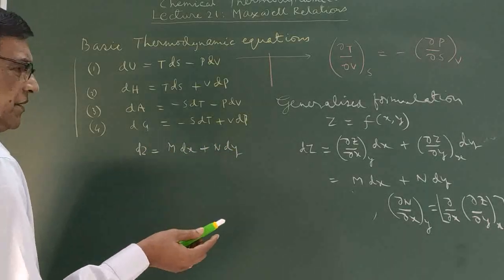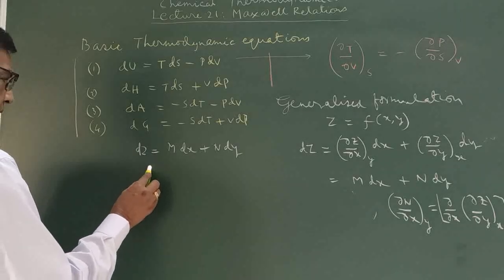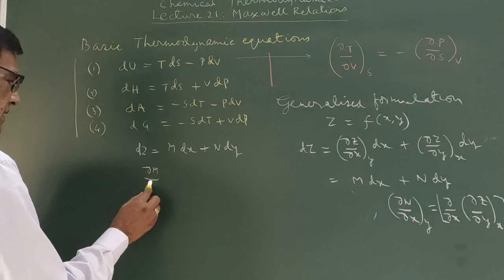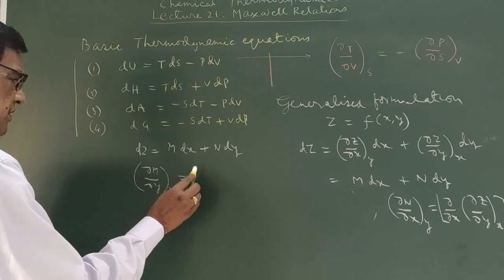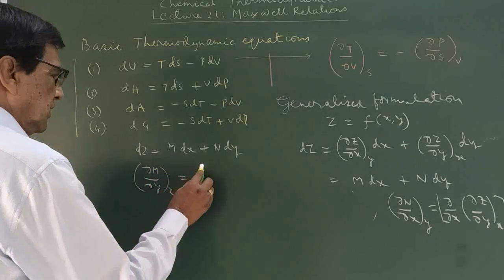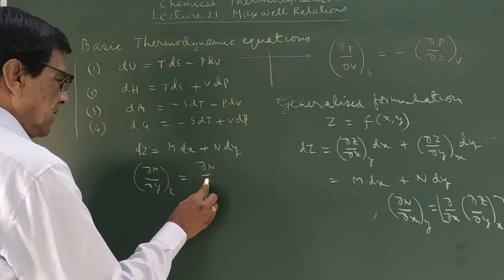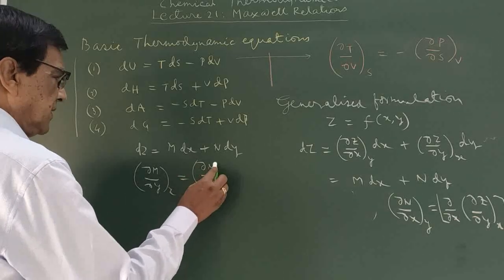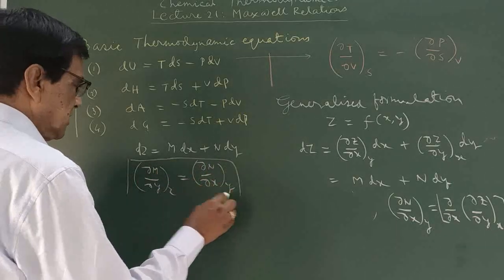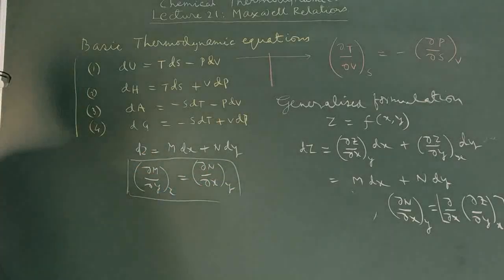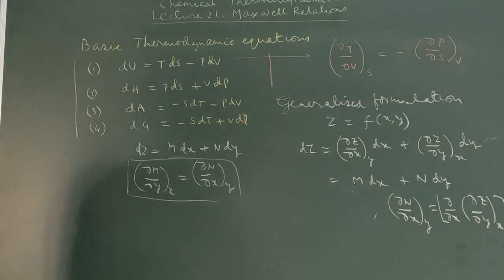then the relation becomes del M divided by del y, keeping x fixed, equal to del N divided by del x, keeping y fixed. If this is the equation, these will be the relations.